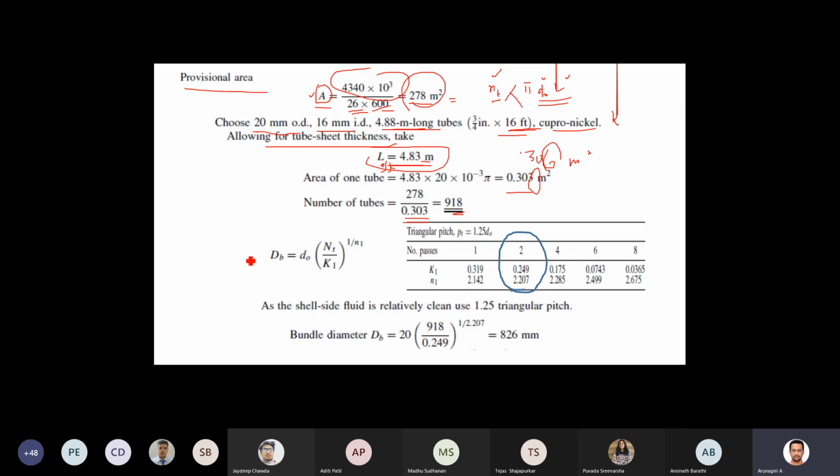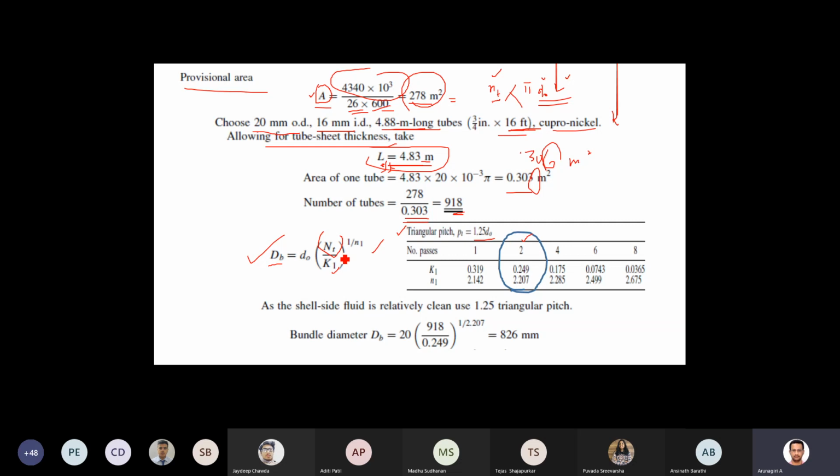What is the next step? We have to calculate the bundle diameter. Here we have to define the pitch, triangular pitch, which is 1.25 times the diameter. For two passes, for this combination, we have to find the values of K and N, because NT is known. The bundle diameter dB is equal to D naught times (NT by K) to the power 1 by N. So we are using the analytical equation.